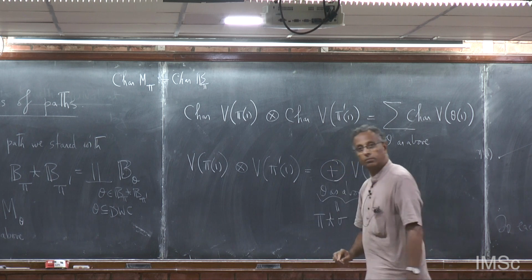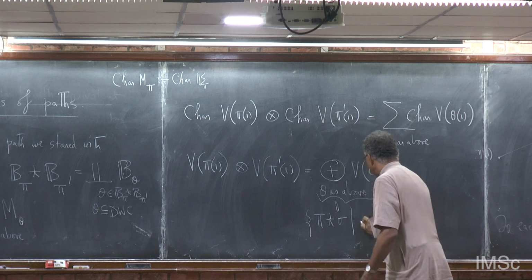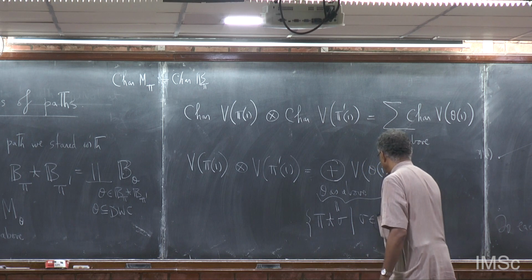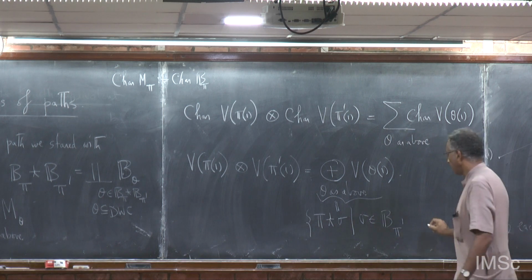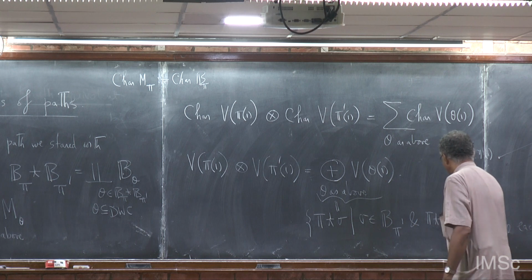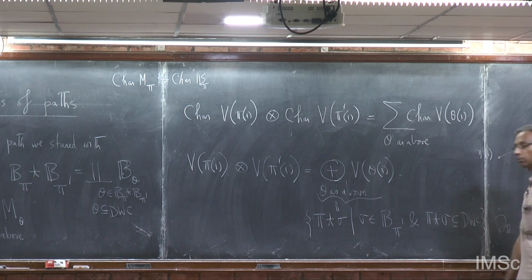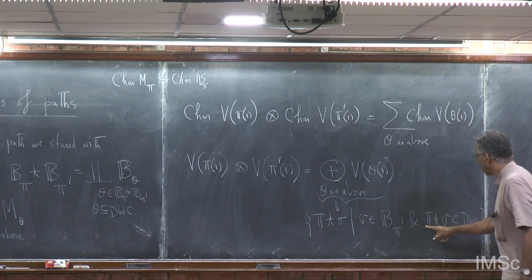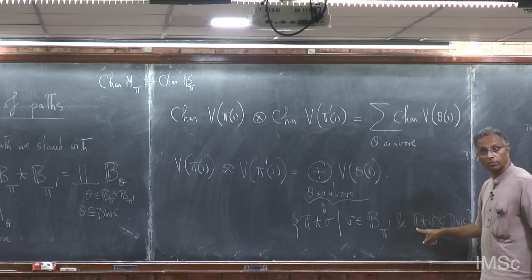sigma, such that sigma is in B pi prime and lives in the dominant Weyl chamber. You can write this more simply, because this pi lives entirely in the dominant Weyl chamber.